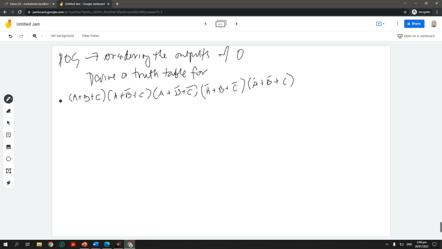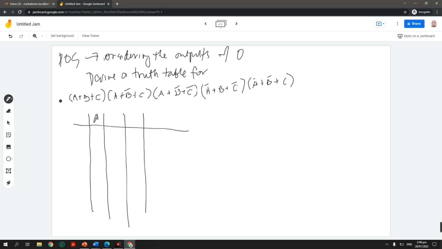So with this example, again, we have three inputs. So we will draw three inputs. This is input A, this is input B, and this is input C, and this is the output. So what are our input combinations? Again, we have 0, 0, 1, 0, 1, 0, 0, 1, 1, 1, 0, 0, 1, 0, 1, 1, 1, 0, and 1, 1, 1.